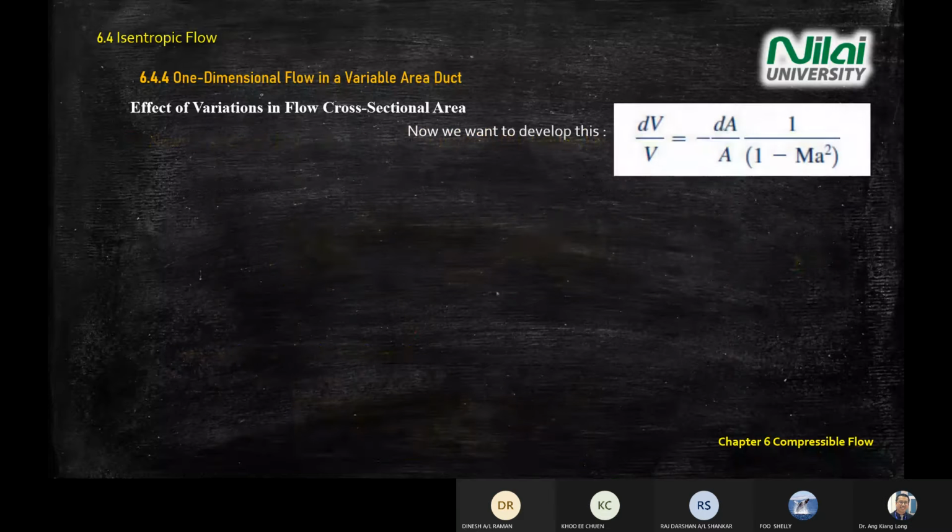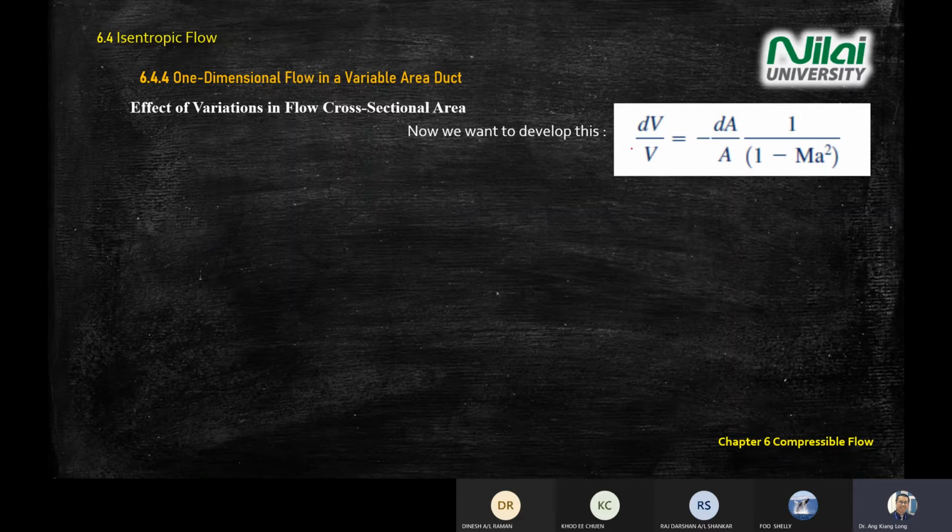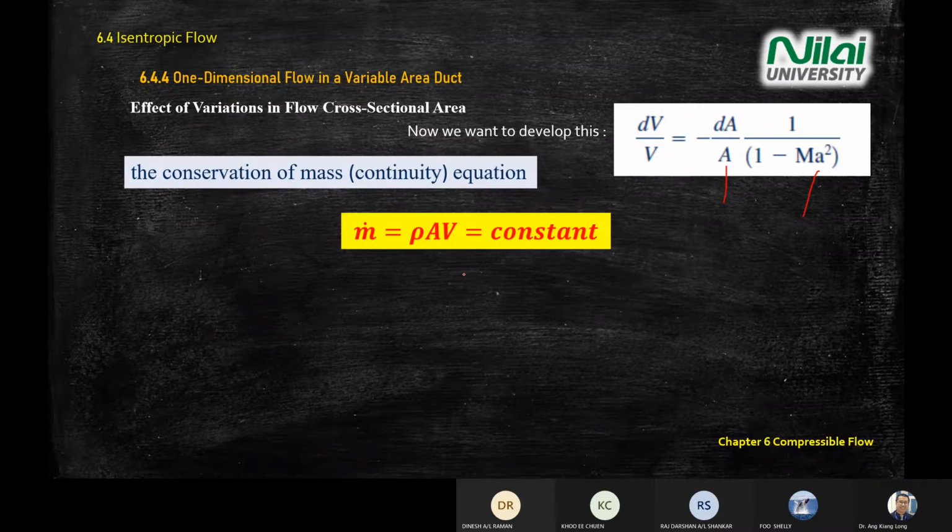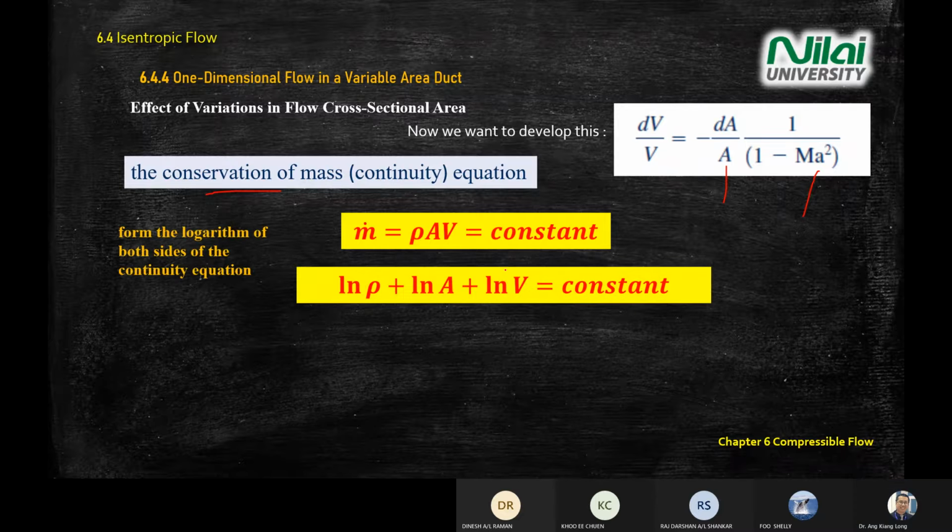So now the objective of the following slides is to derive the differential equation dv over v, for velocity in terms of area and Mach number. So how do we do that? We start with the conservation of mass equation, m dot equal to rho AV. Because we see the final term is in terms of something divided by something, this will give you the logarithm, ln equation, if you want to get this form.